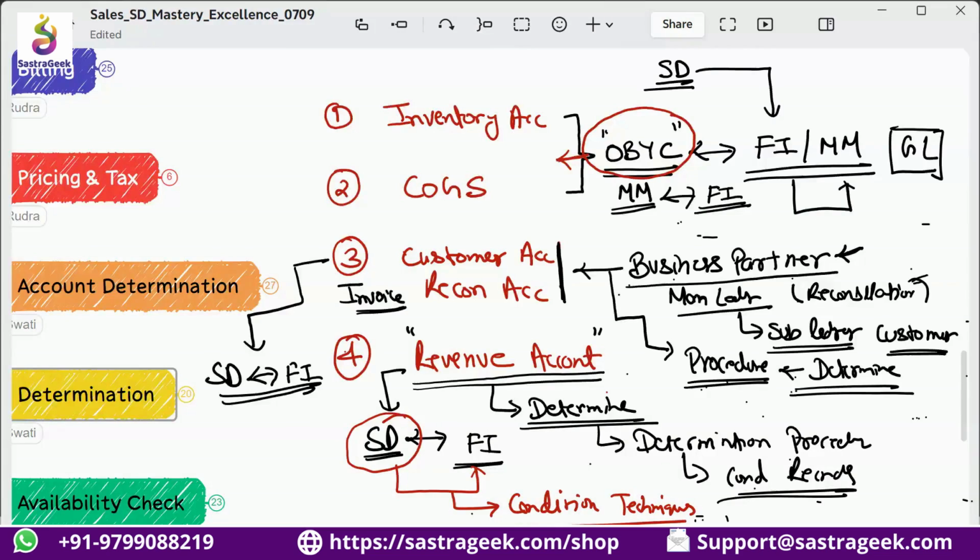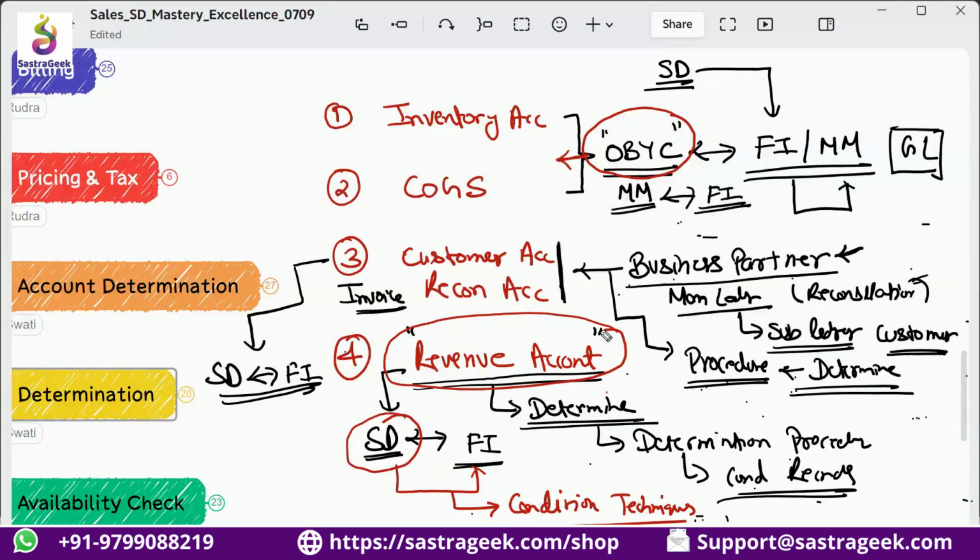By this time, you would already know the condition techniques. There were very detailed sessions where Rohan took you through almost 6 to 7 hours of training on pricing. There also the condition techniques come, and in different places, SAP SD uses the condition techniques. The same condition techniques will be used to determine your revenue accounts.